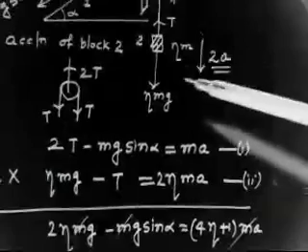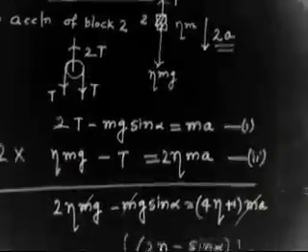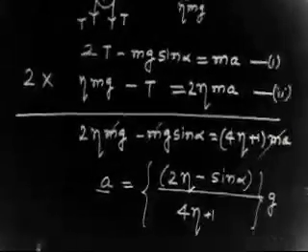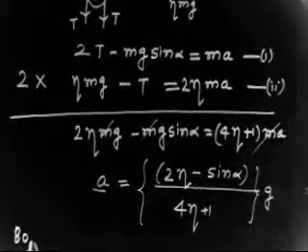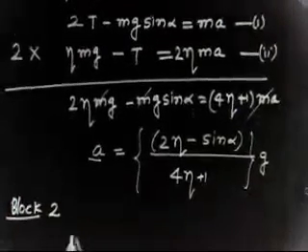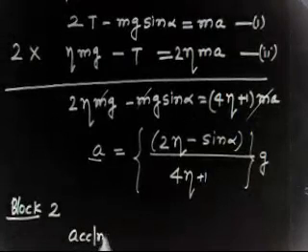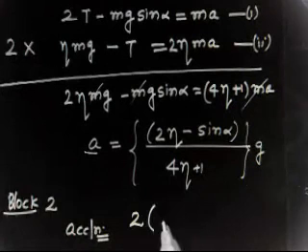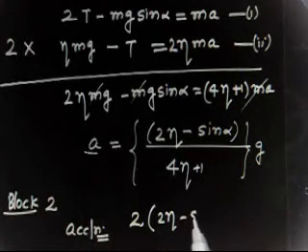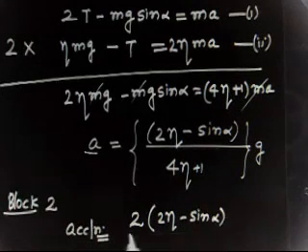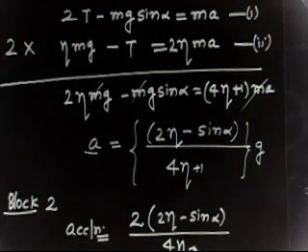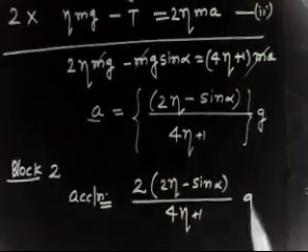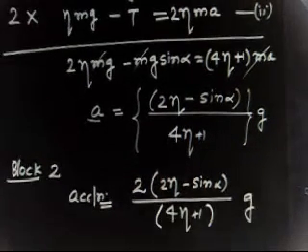So block 2 is basically coming with acceleration 2a. So acceleration of block 2 I can write. So acceleration for block 2 is basically 2 times a. So I have to multiply by 2. So 2 into (2 eta minus sin alpha) divided by (4 eta plus 1) into g. So this is the resultant acceleration of block 2.